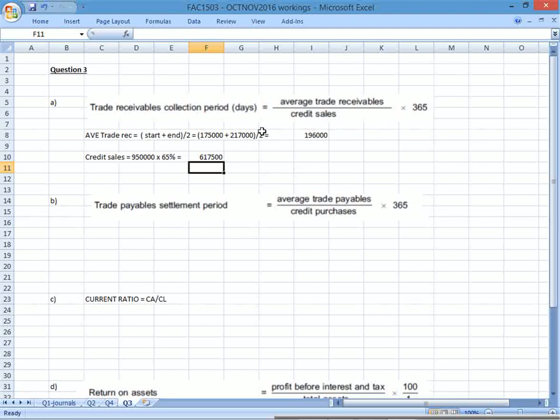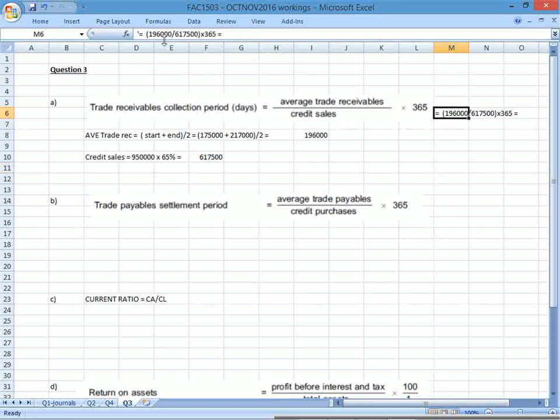Okay, so now can I work out my trade receivables collection period? Yes, I can. So I'm going to substitute into there. So equals, open brackets. My average trade receivables was 196. Divide by, my credit sales was 617,500. Close brackets times 365 equals. You see what I did?